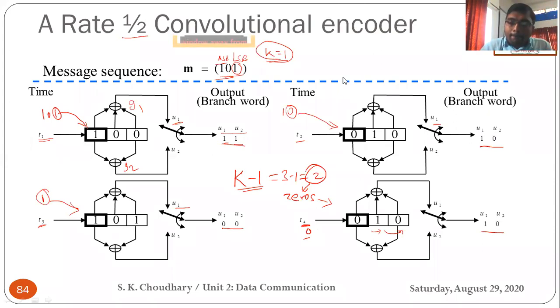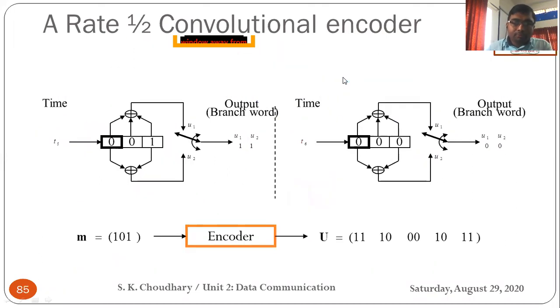Now we have to move to the next time instant, T5. So at time T5, what happens? See there. At time T5, again the second flush bit, that is 0, would enter here, and whatever positions are there would be updated again.